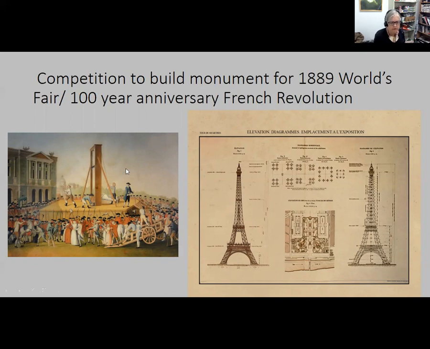One of the designs that fortunately did not make the cut was a giant guillotine, which was supposed to celebrate the French Revolution. So the Eiffel Tower instead was awarded the prize.